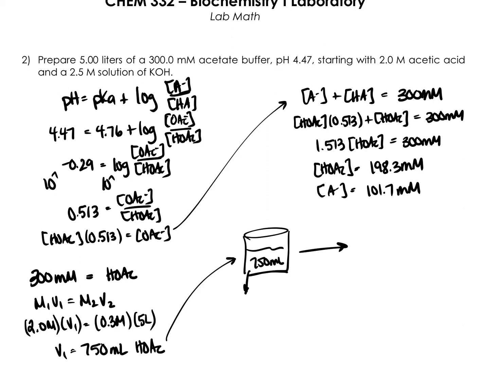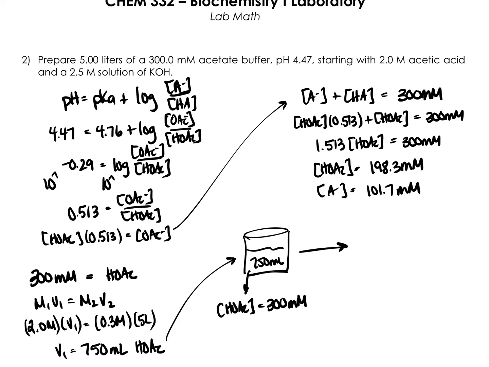So this 750 milliliters really means that our acetic acid concentration is 300 millimolar.